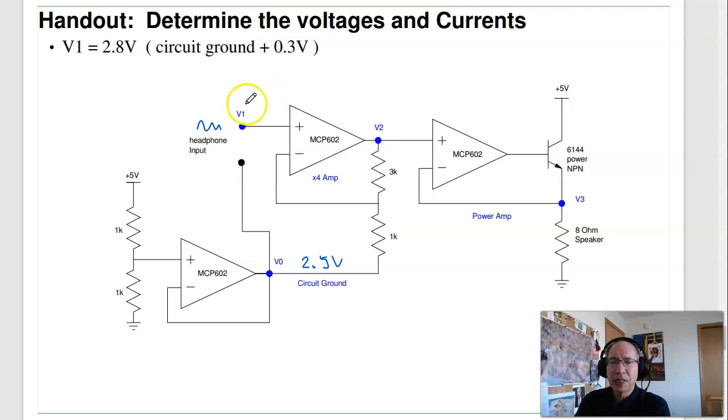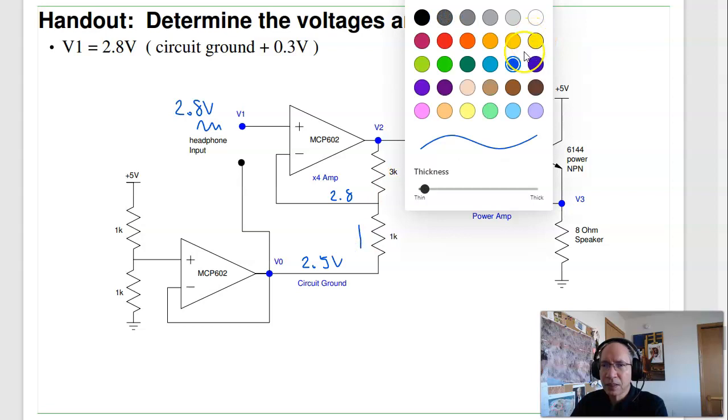So let's start out at plus 0.3. If this is actually 2.8 volts, which is, this is now all relative to earth ground, it's 0.3 volts above circuit ground. This is 2.8, V plus equals V minus. This is 2.8. I've got 0.3 volts across 1K. That would be 0.3 milliamps.